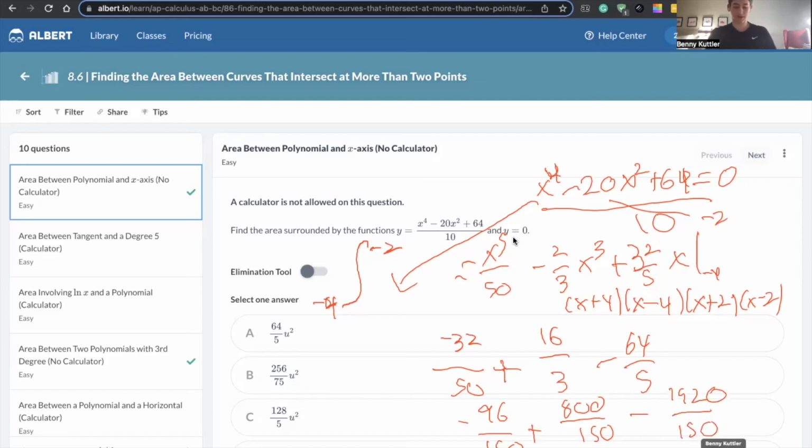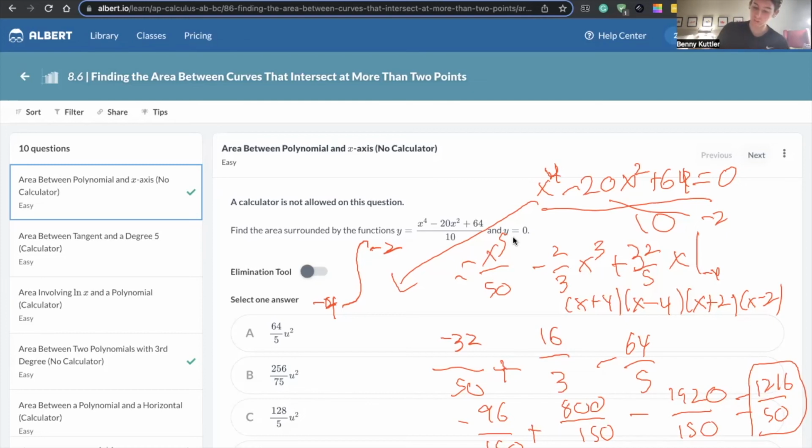Now you add, subtract, and whatnot, and you get plus 96, 1216, and that is between -2 and -4. I actually don't think it's going to be a good use of our time to do the rest of these.